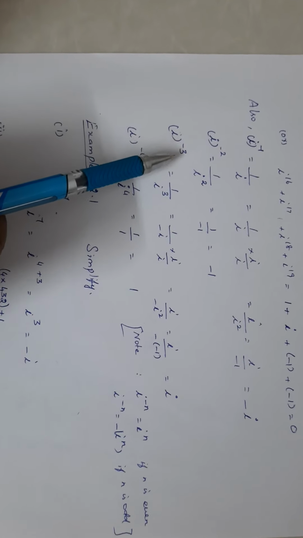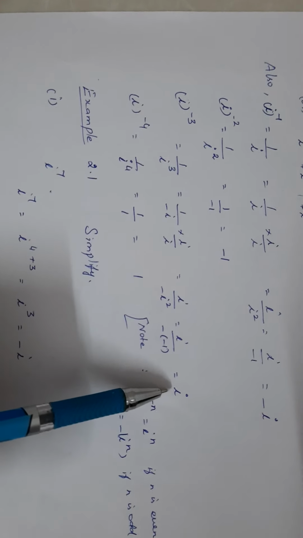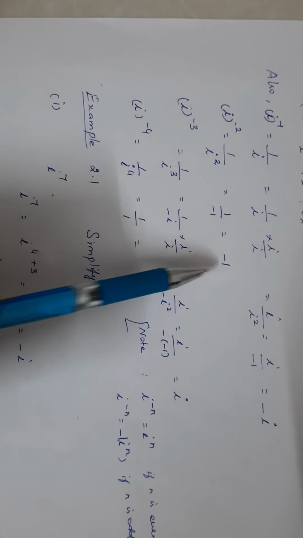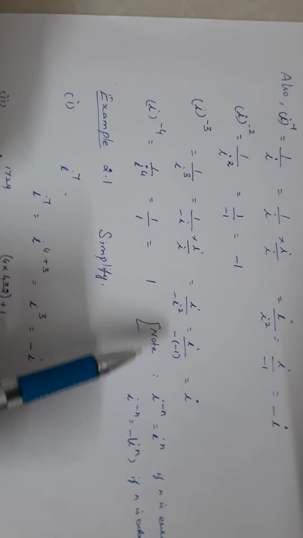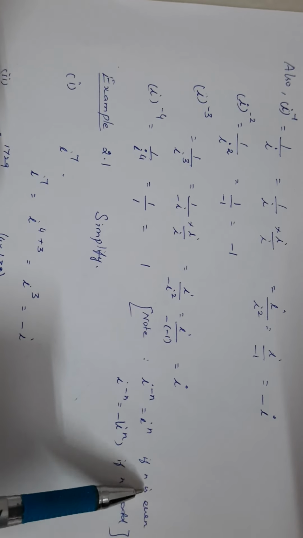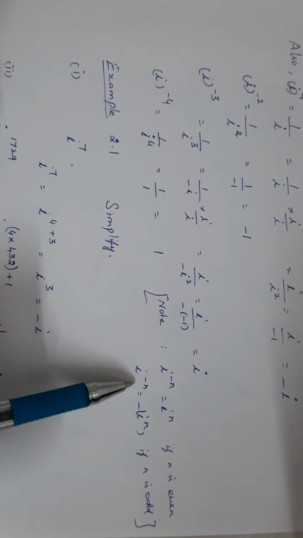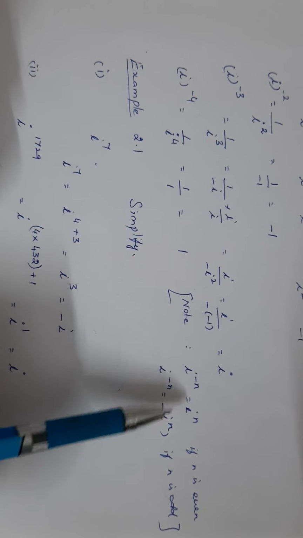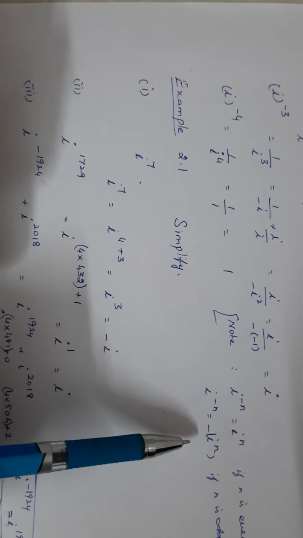Similarly, i cubed is equal to minus i, but i to the power minus 3 is equal to plus i. But for even powers, the value will be the same. So we can take it that i to the power minus n will be equal to i to the power n if n is even, and it takes the negative of its value if n is odd. So we can use it while doing problems, right?